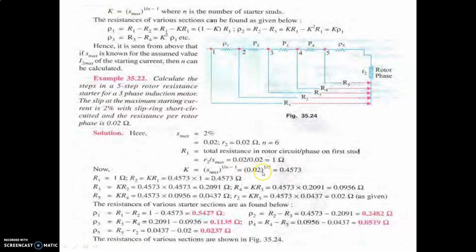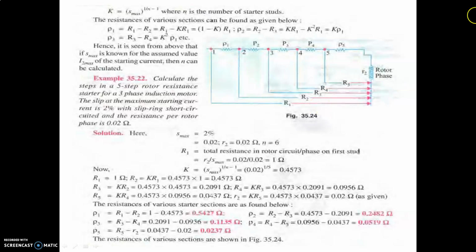Calculating this, you get some value for K. Once K is known, you can calculate R2. R1 you have calculated as 1 ohm, R2 is K into R1, R3 is K into R2, and so on. Like that you can calculate all the values of these resistances.